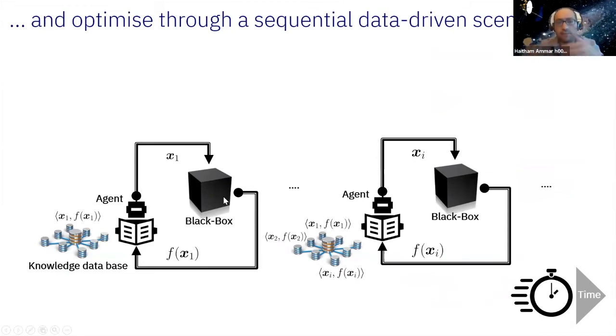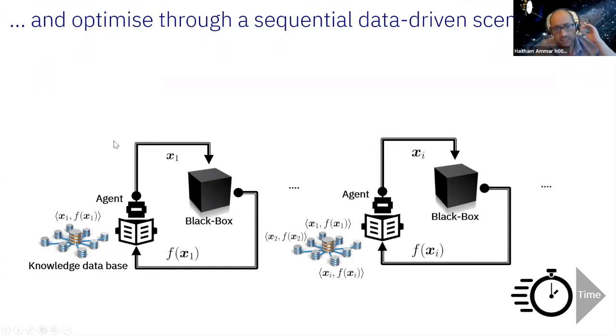For example, a chemist will do a wet lab experiment, or you spend a week training your ImageNet and then get a value. And then after that, the black box will spit out a value f of x for us, which is the value of the function at the trial x1 that we have made.